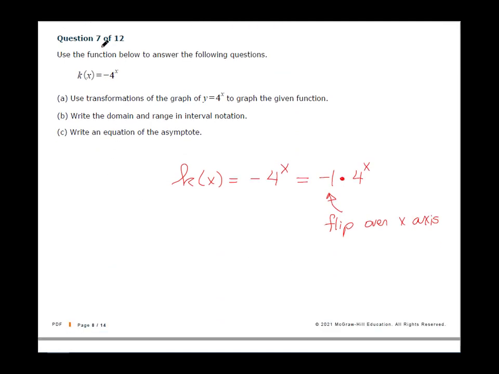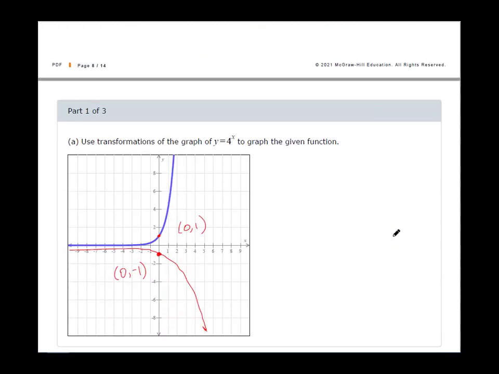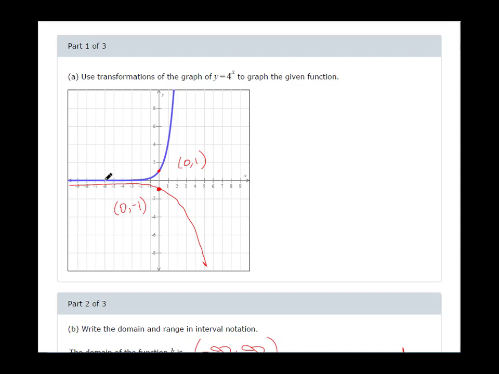Question 7, there's our minus in the front, and the minus in the front means minus 1 times 4 to the x, and so it's flipped over the x-axis. And that's why we use the tool to flip it over. And in this case, it looks like the following. Now, what changes?